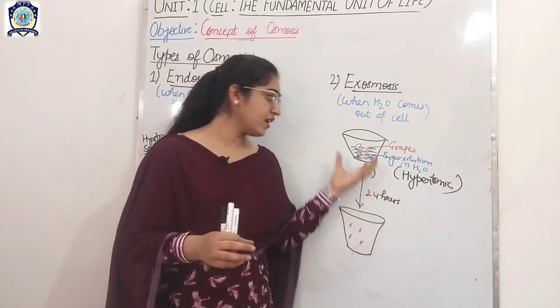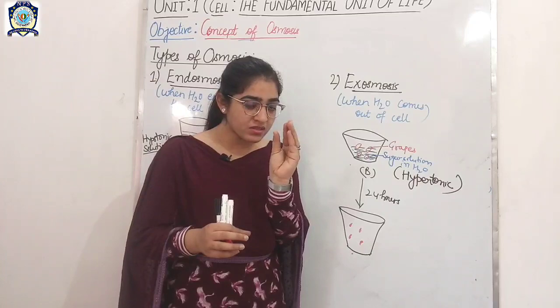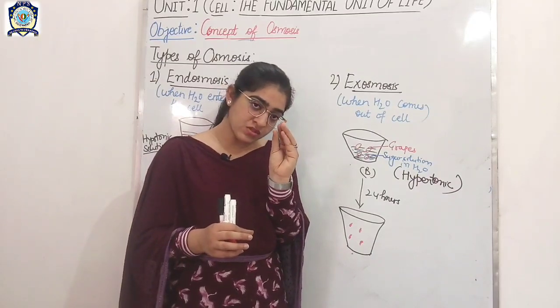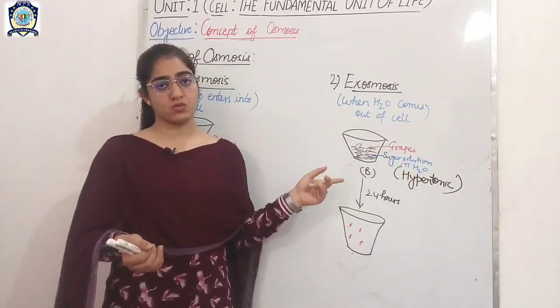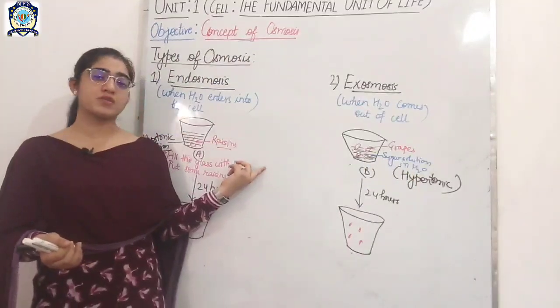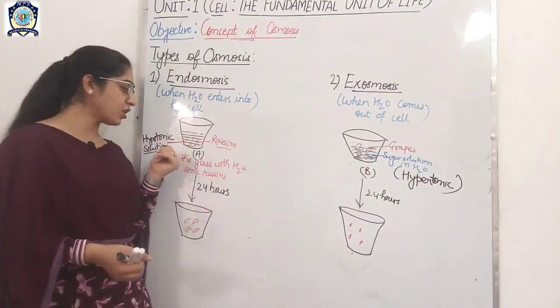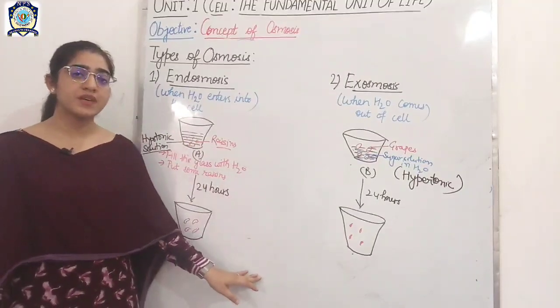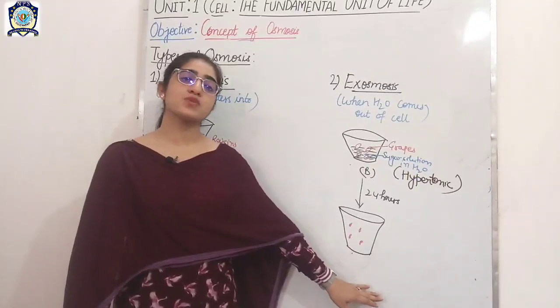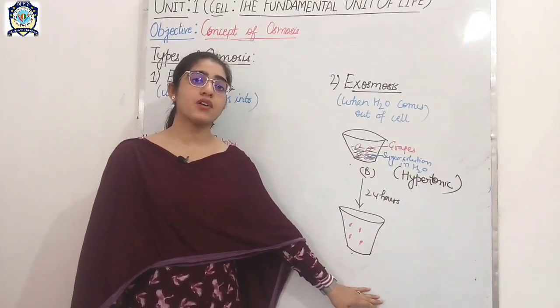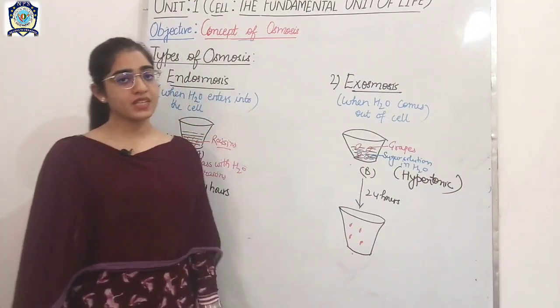That's why here the grapes shrink, they become smaller in size. So this is the case of exosmosis. So endosmosis is observed in the hypotonic solution in which the cells become swollen, while exosmosis we can observe in the hypertonic solution. Is that clear?